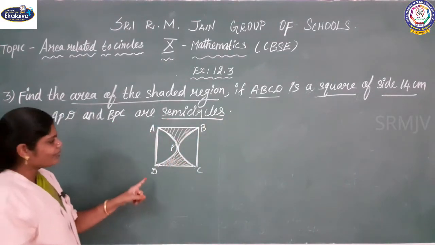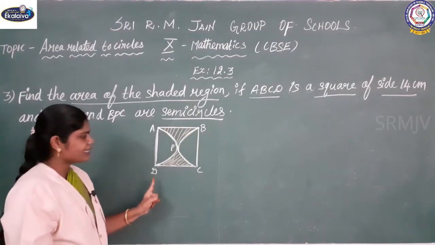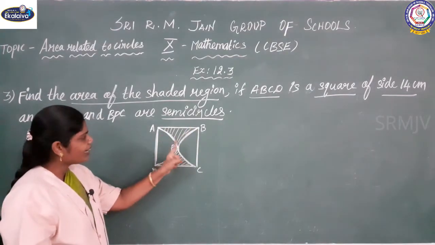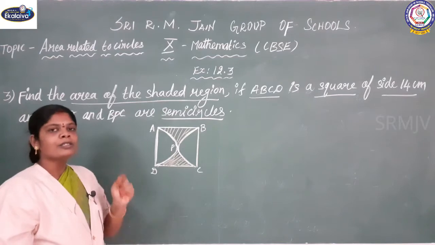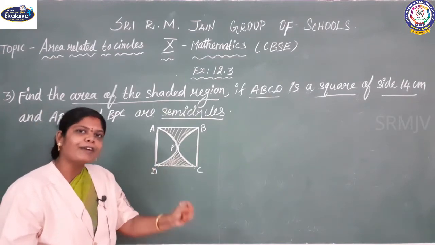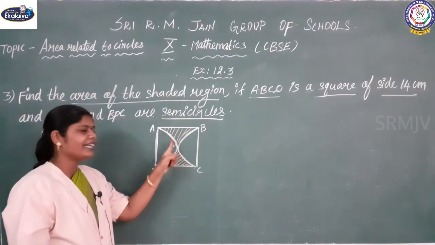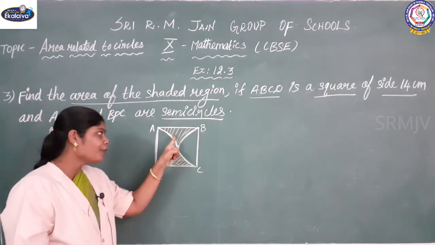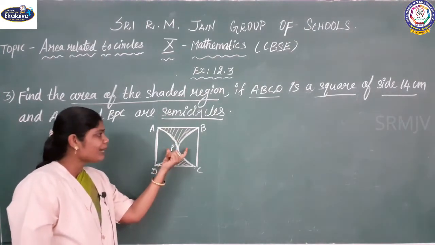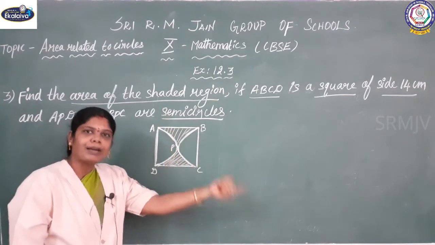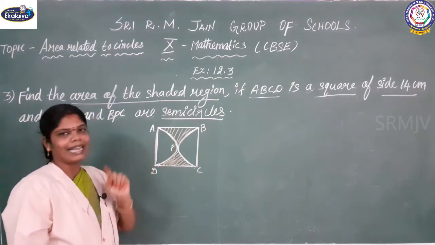So what is given here? ABCD is a square. Inside the square we have two semicircles. So what we are going to find? We are going to find the area of the shaded regions. How you will get this area, children? If you subtract these two semicircles from the square, you will get this area.